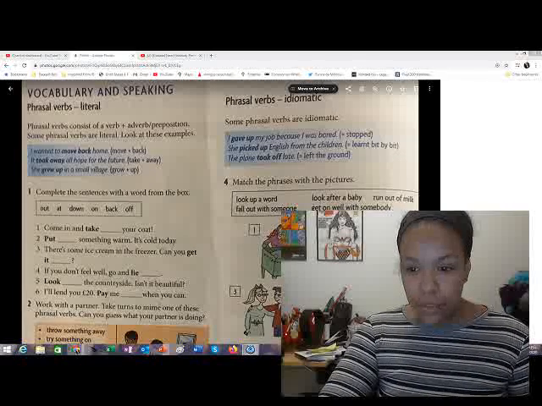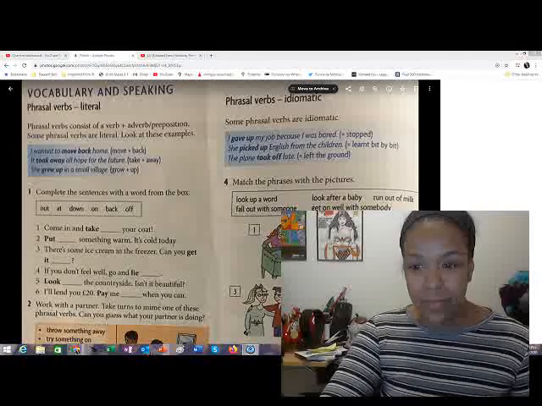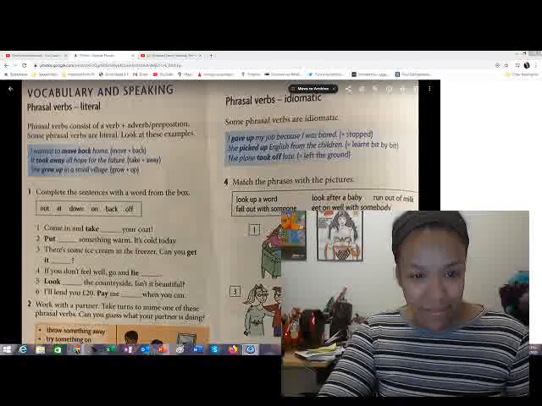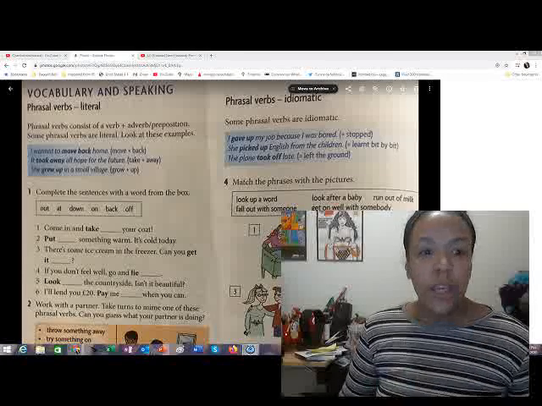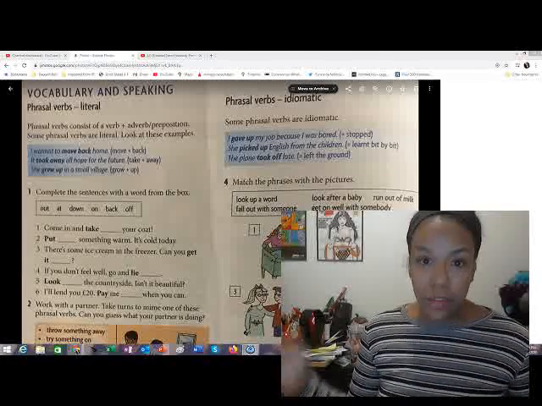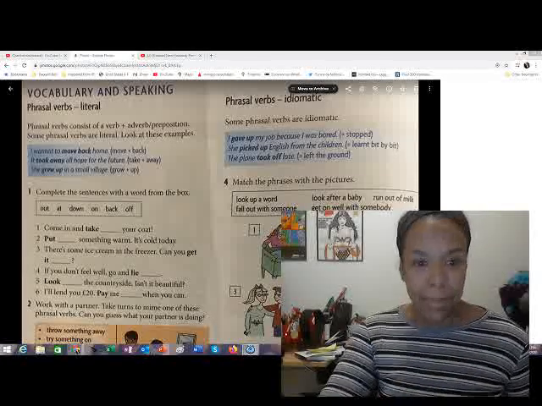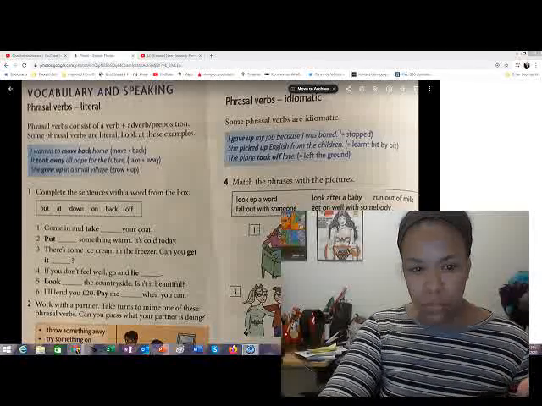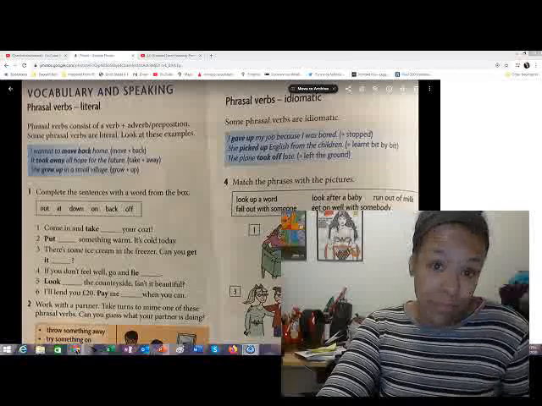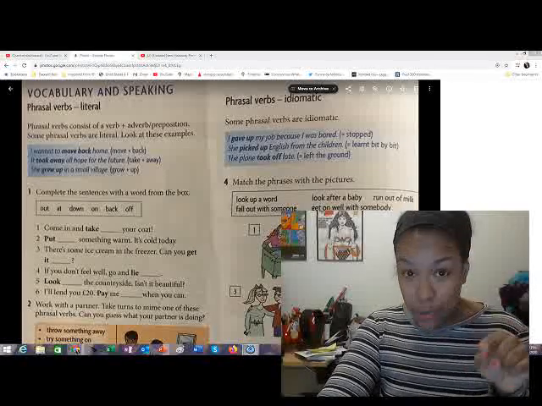Let's take a look at the first one. Come in and take blank your coat. Here we have a variety of combinations for take. You can say take out, take down, take on is even a possibility, but not for that particular sentence.